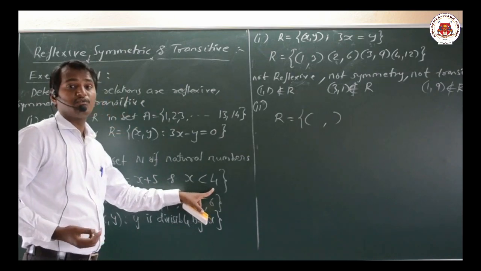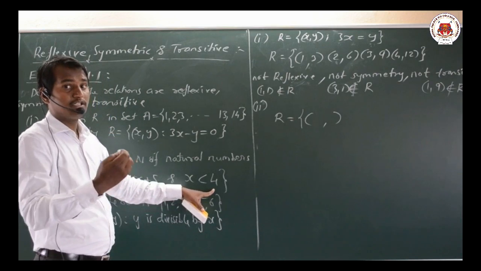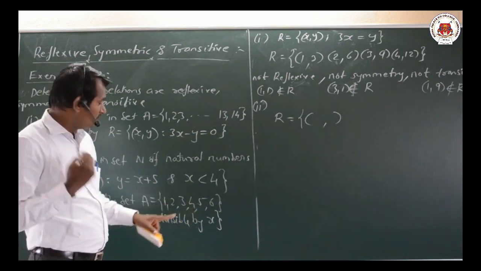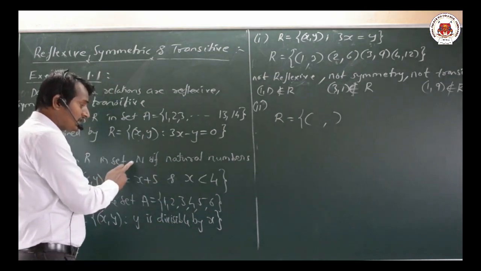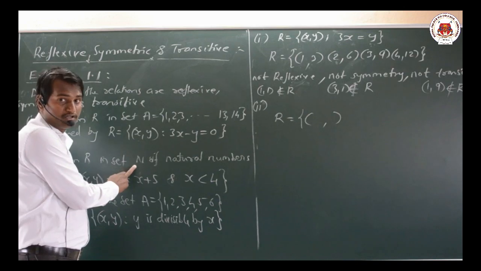Less than 4 means 1, 2, 3, not equal to 4. Less than 4 would allow 0 and minus 1 also, but he has given R in the set of natural numbers, so both x and y belong to the set of natural numbers.